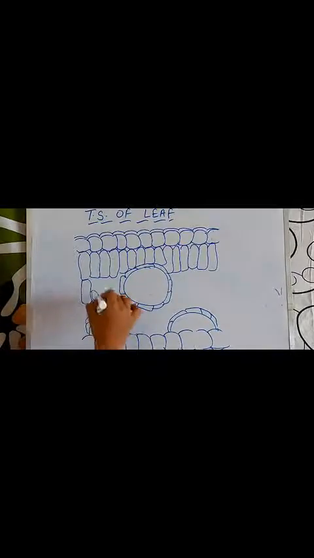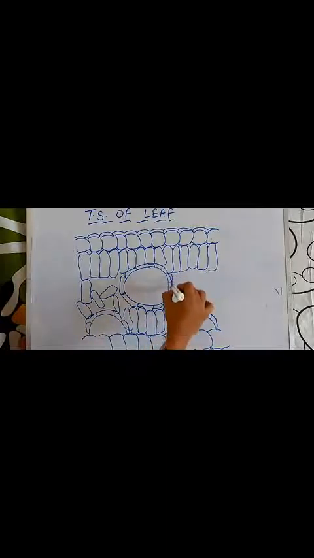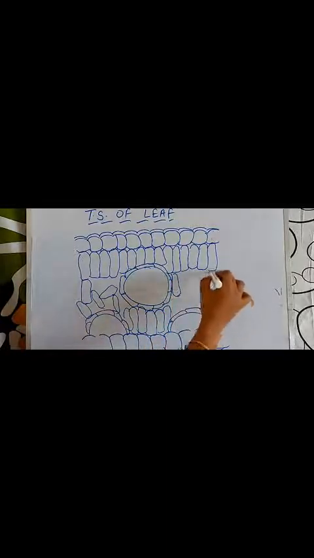And you have to fill up with the cross rectangular shapes, providing some air spaces here in the spongy parenchyma. Some air spaces should be there in the tiers of the leaf.